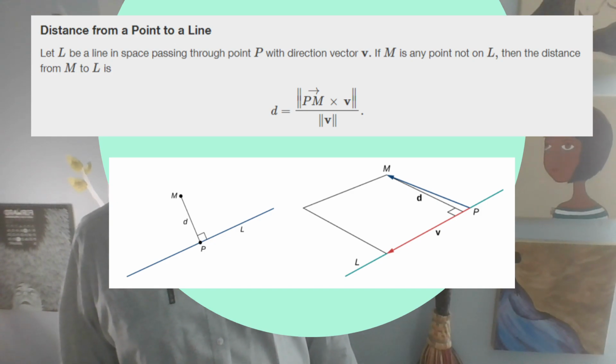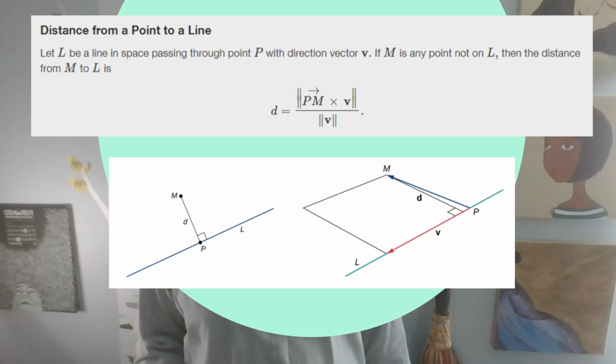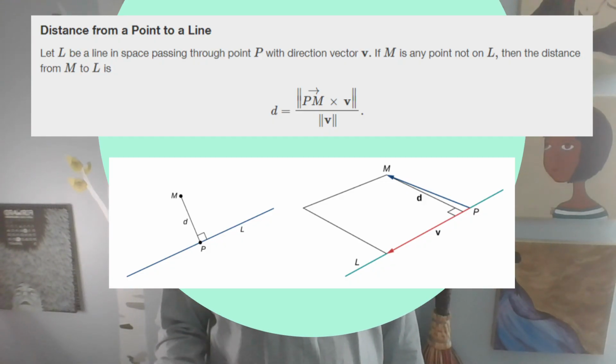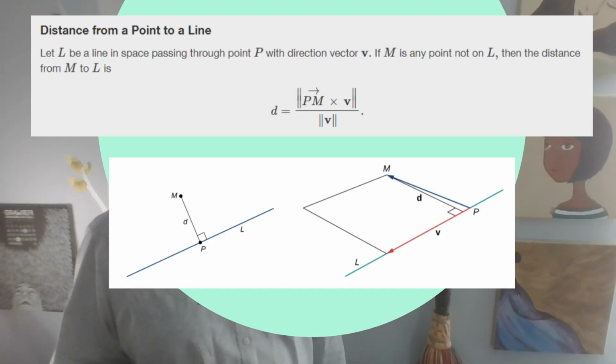So we can find the distance by finding the magnitude of the cross product and then dividing it by the magnitude of v. So this is kind of a combination of the cross product and the projection. But this is an interesting formula to use to find the distance between a point and a line.